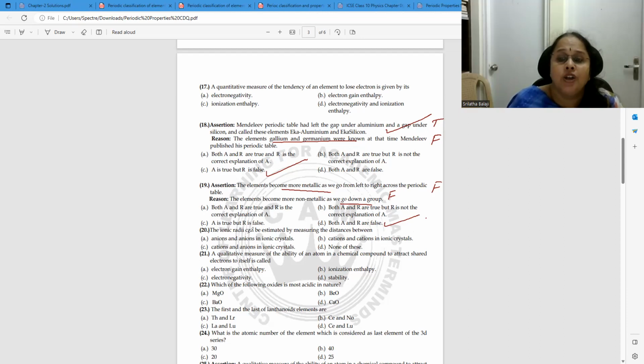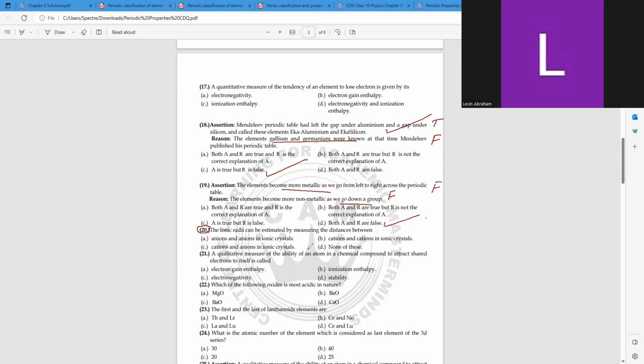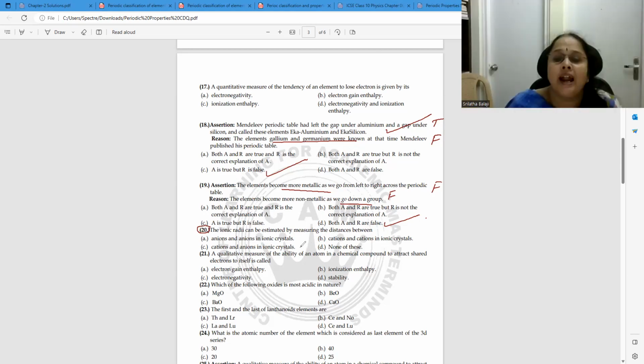Next, 20th one. Ionic radii can be estimated by measuring the distance between, option C. What we do there is we measure the distance between the cation and anion in ionic crystals.